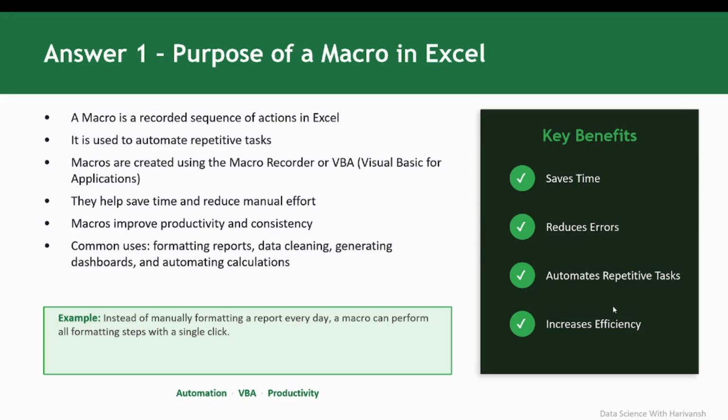Instead of spending hours performing the exact same steps every day, you can create a macro using either the built-in macro recorder or by writing custom VBA (Visual Basic for Applications) code. By saving these actions, you can essentially execute a complex multi-step process instantly with just a single click of a button, dramatically shifting your workflow from manual labor to pure automation.